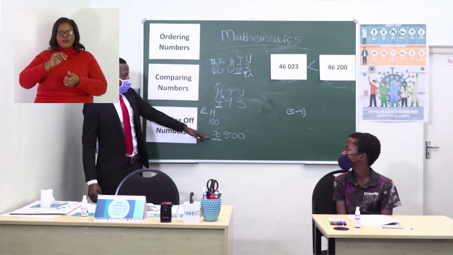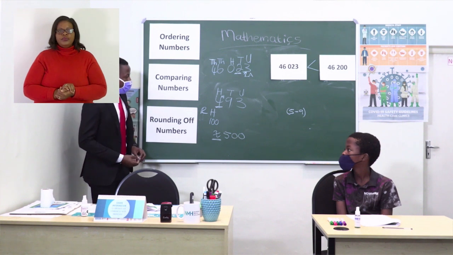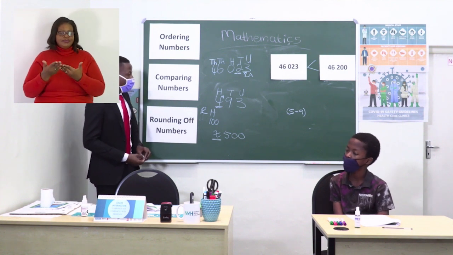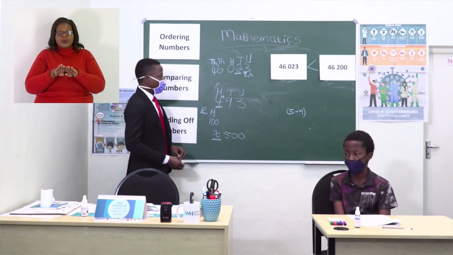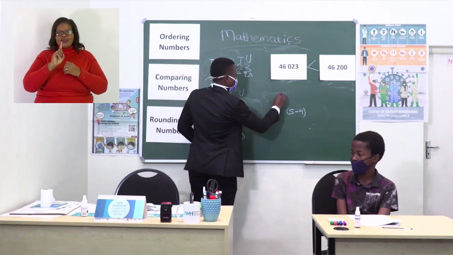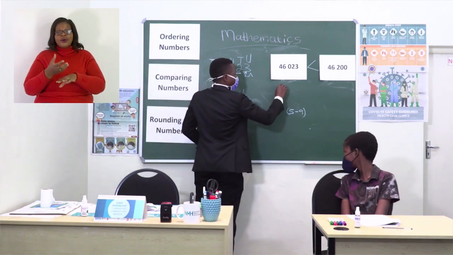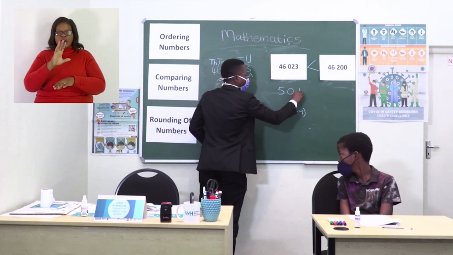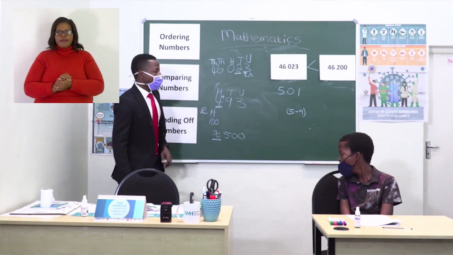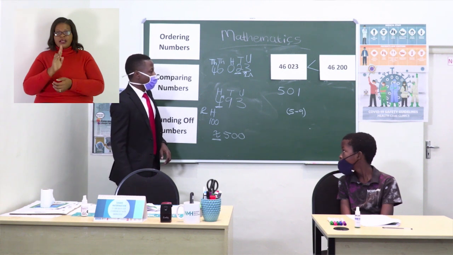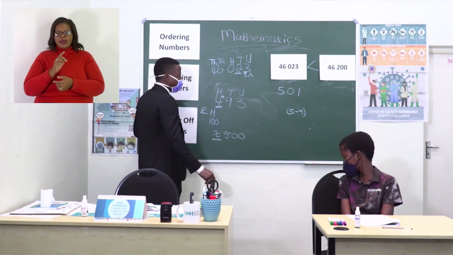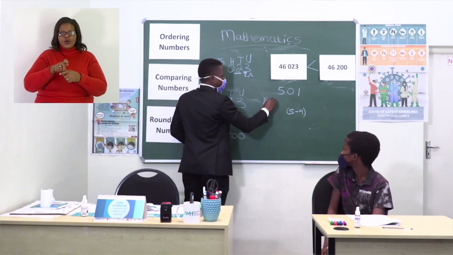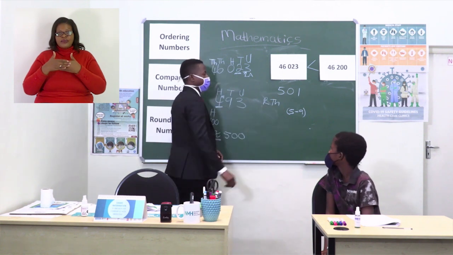So this example is quite easy, and there can also be another challenging one. For example, we can have 501. And then they say, round off that to the nearest 1,000.